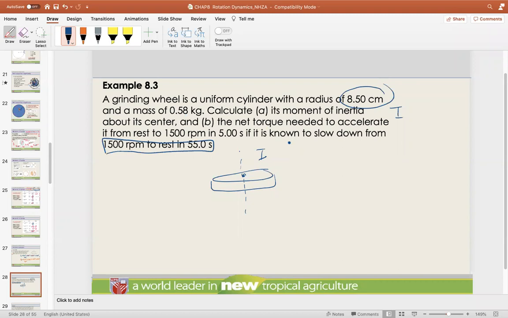Okay, so it's asking you to find the net torque. Please take 7 minutes to write down the equation. Just try to write down the equation first, and then we will discuss it. Check your book, how should it be done? Okay, kena buat sendiri juga.